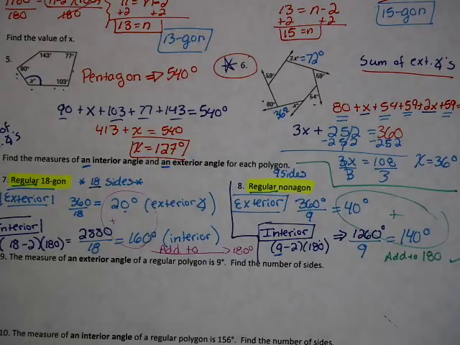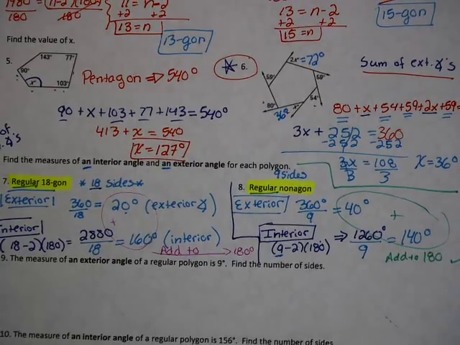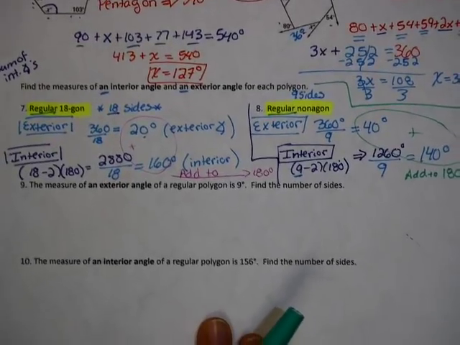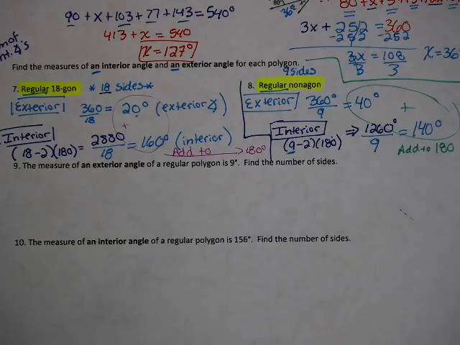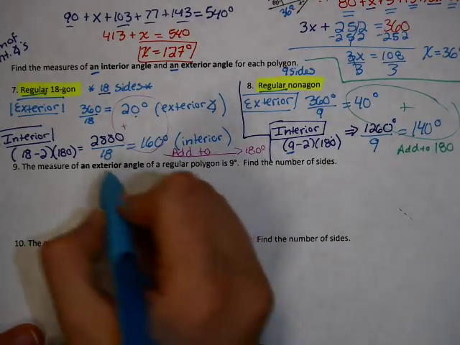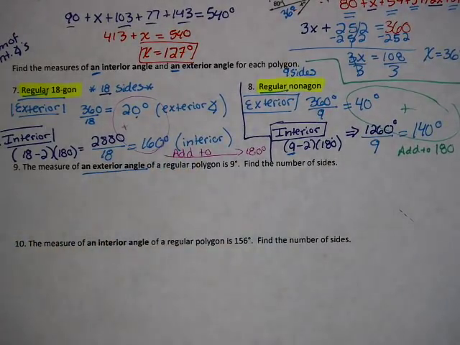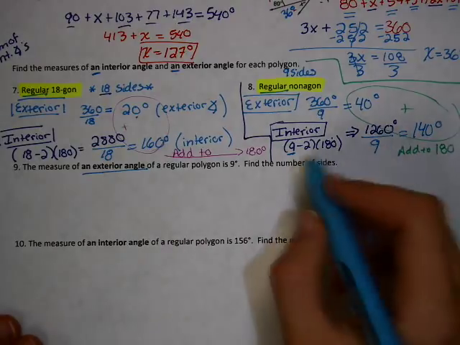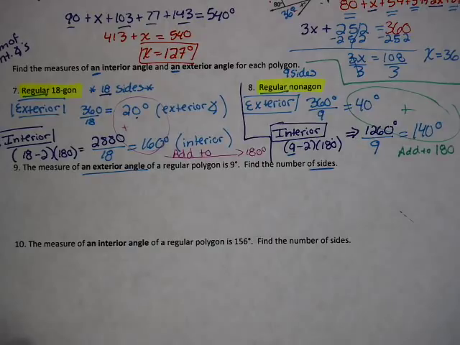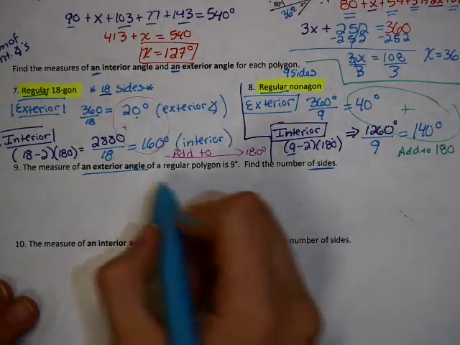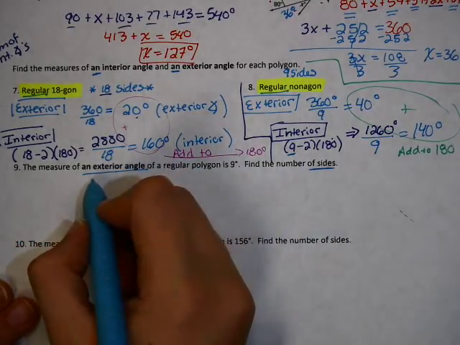All right, let's take a look at our last two example problems here. We have the measure of an exterior angle of a regular polygon is 9 degrees. Find the number of sides. It doesn't say what type of polygon it is, but we can figure that out by the number of sides. What I want to look at is the exterior angle.